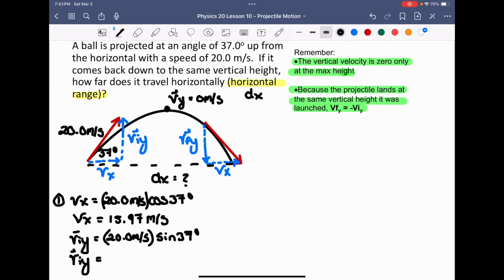So if I use cos to get the Vx, then I know I'm going to use sine for Vy, or vice versa, depending on the problem. So this ends up being a magnitude when I go 20 times sine 37 of 12.04, and this is meters per second.